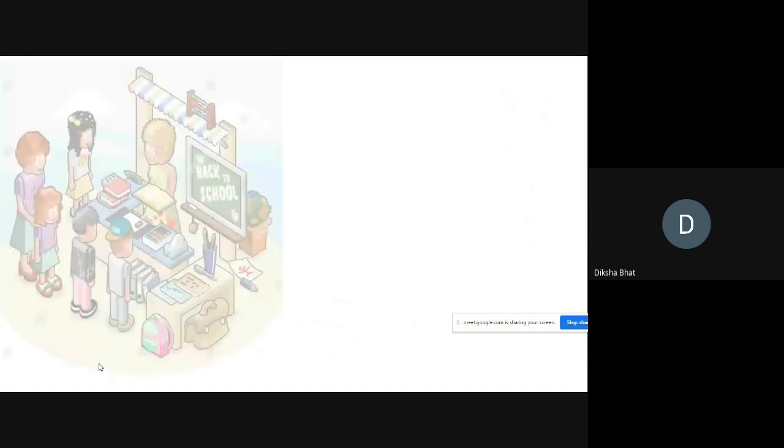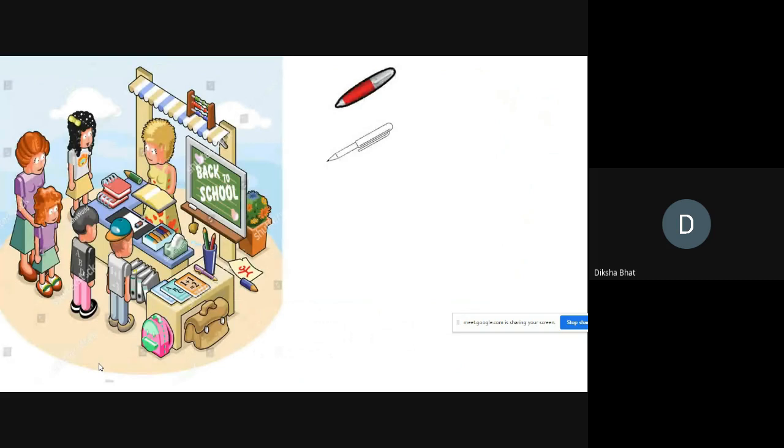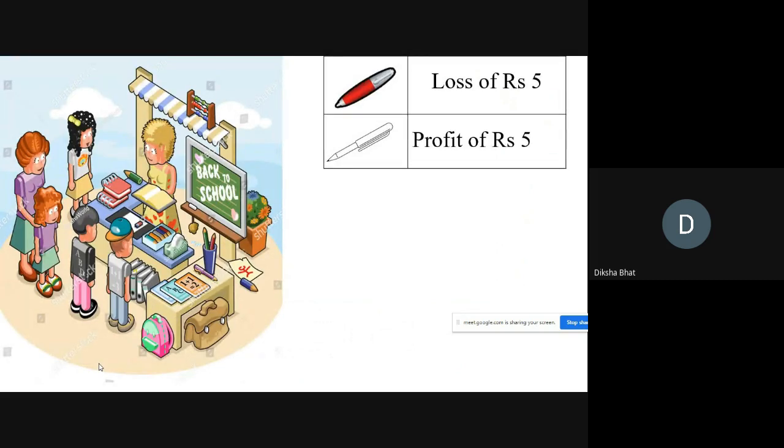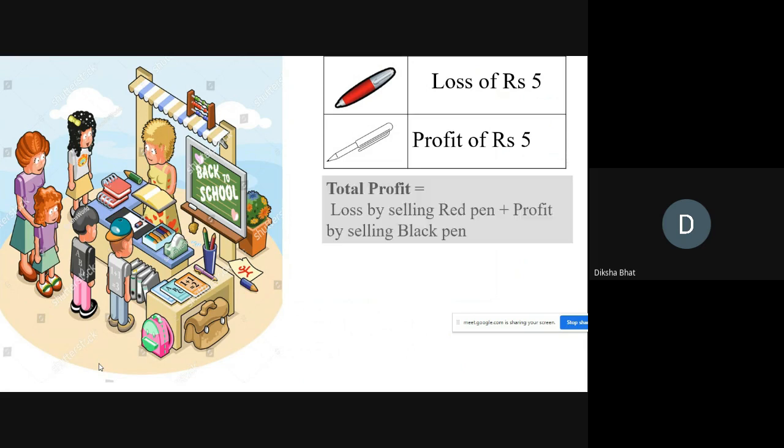We had seen the example of the shopkeeper. Suppose the shopkeeper faces a loss of 5 rupees and a profit of 5 rupees. Now, if we have to find out how much is the total profit or loss the shopkeeper had, then we need to add these two quantities. That means total profit or loss is equal to loss by selling a red pen plus profit by selling a black pen.